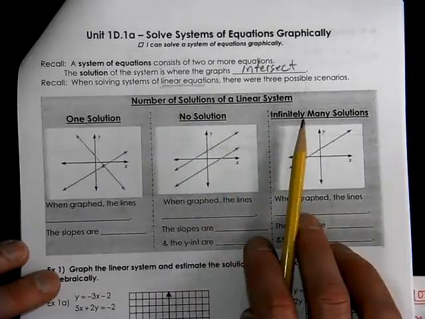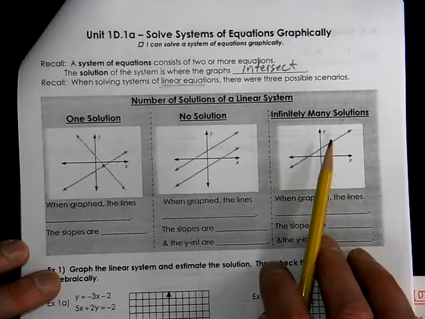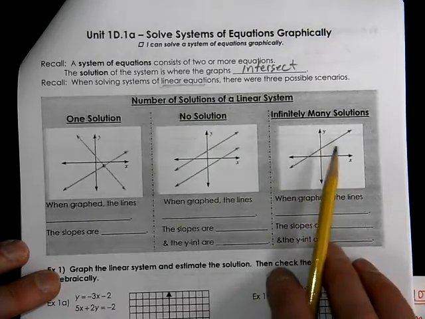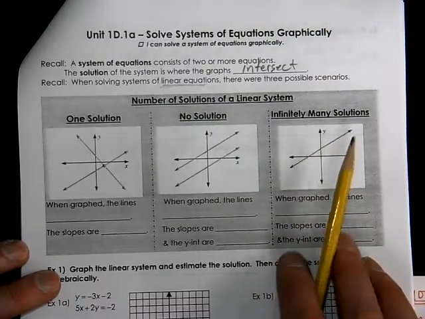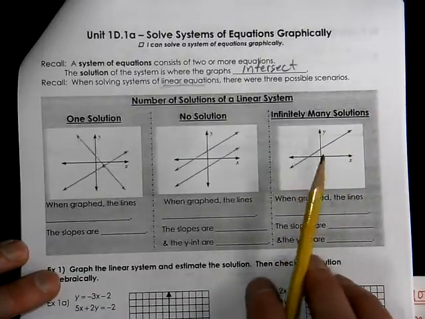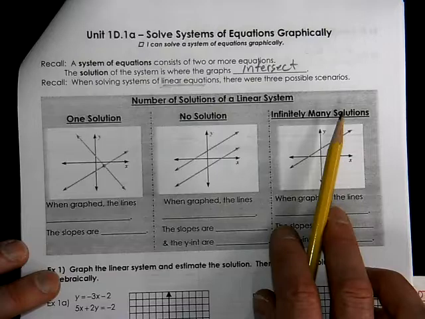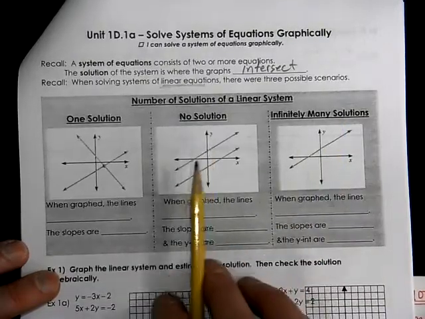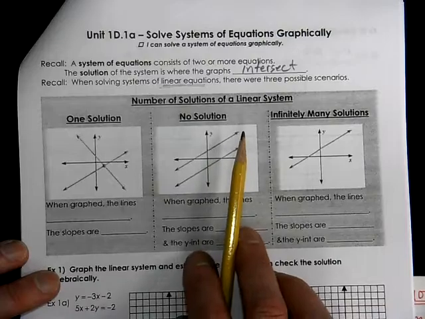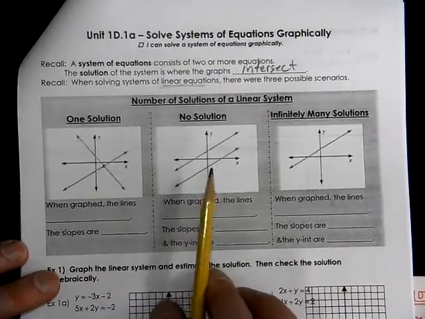And then for the equations to be exactly the same, the slope is the same and the y-intercept is the same, they're going to be the same exact line. That means every point that works in one equation will also work in another equation. This one tells us that any xy that works in this equation will not work in this second equation.